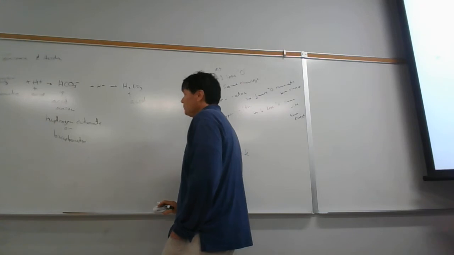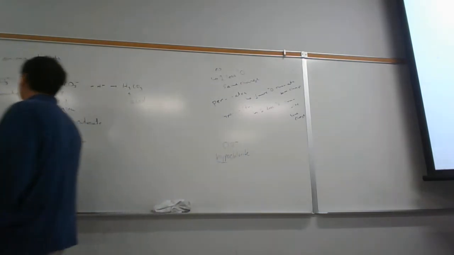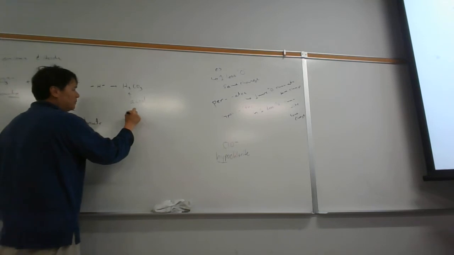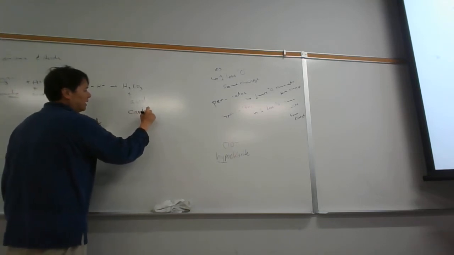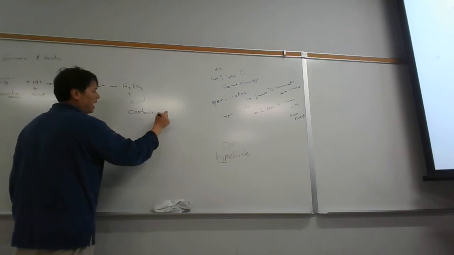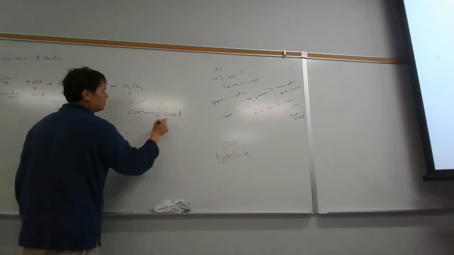And we have a different naming system for acids. And it's based on the ending of the anion. So if the anion ends in ate, then the acid is just going to be the name of the ion with the ic acid ending. So this is called carbonic acid.